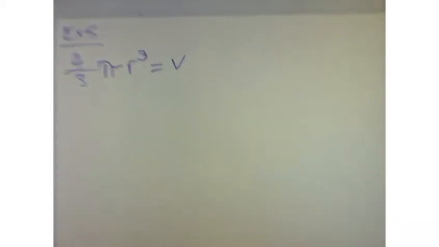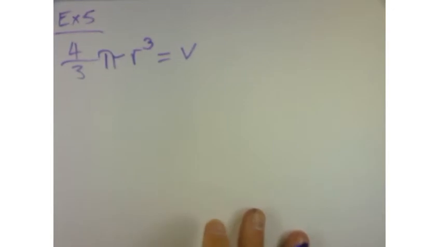I'm just going to move stuff over to the other side. I'm basically going to divide by 4/3 times pi, and whatever I do on one side I do on the other. Remember that when I divide by a fraction, I multiply by the reciprocal. So I really should get 3v over 4 pi.